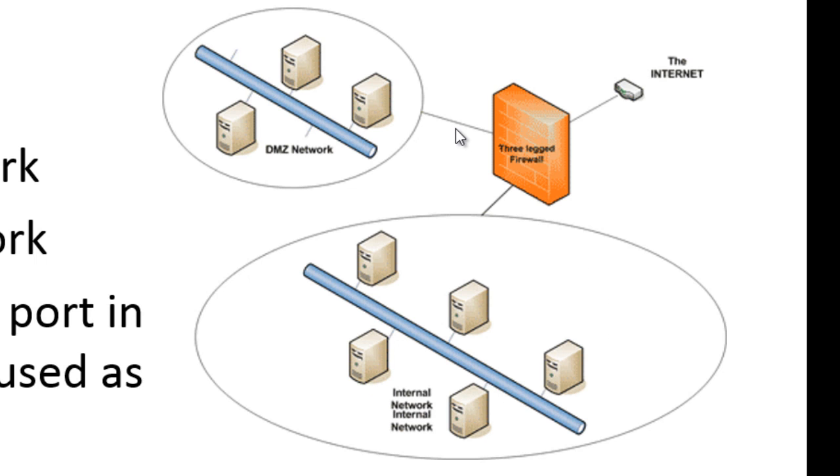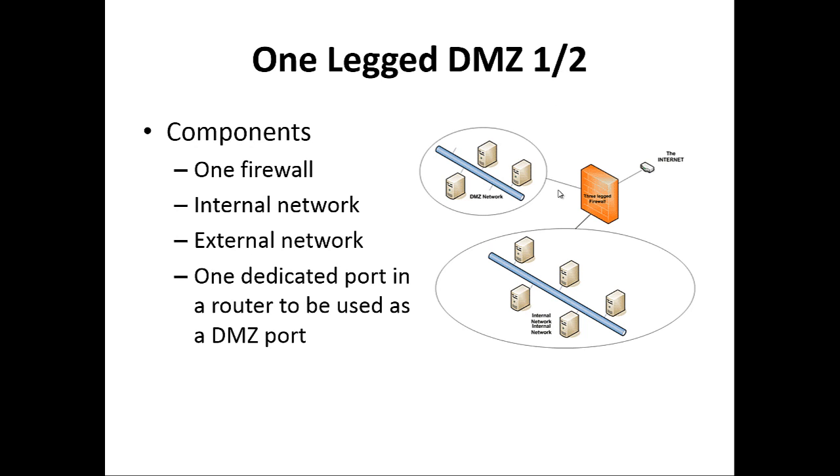So the idea behind this firewall is, since one of the biggest drawbacks of the screen subnet firewall was that you couldn't really protect some of these more sensitive hosts from other internal hosts within the same network.